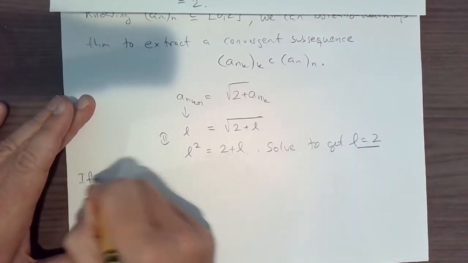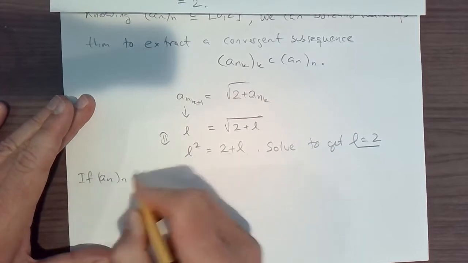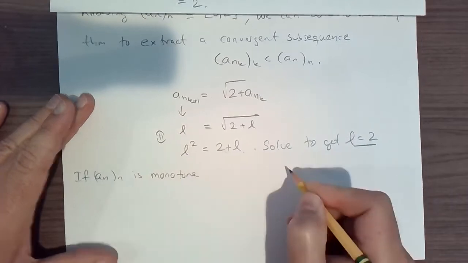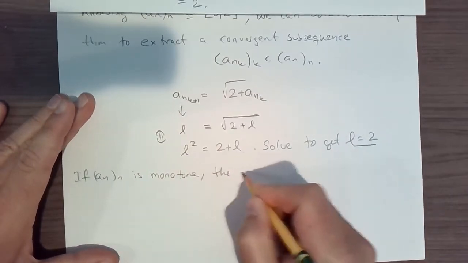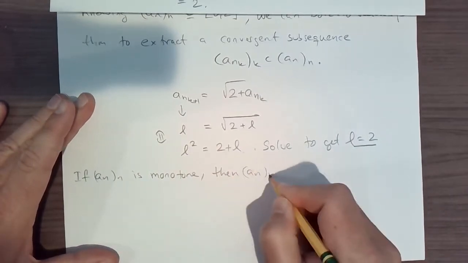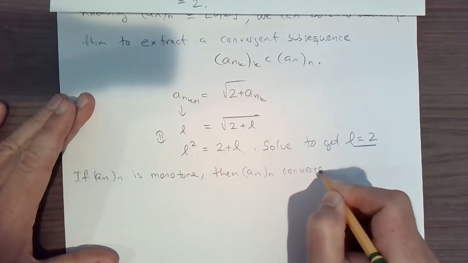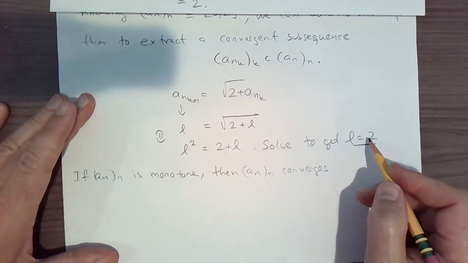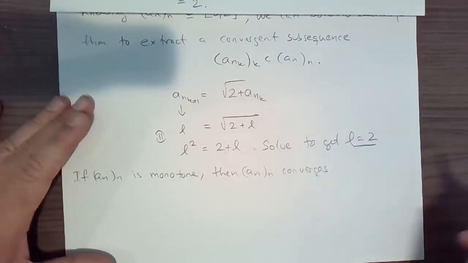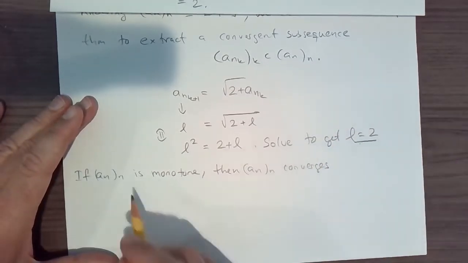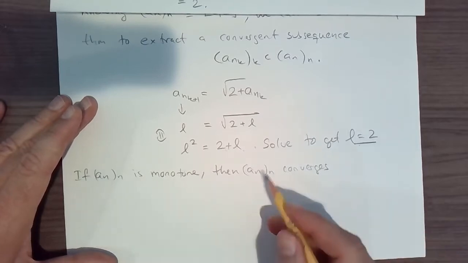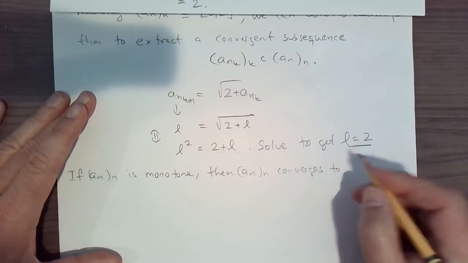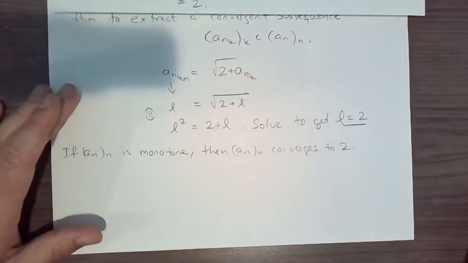So if A_n is monotone, then A_n converges, right? And there's no doubt what it converges to. It has to be 2, because any subsequence that converges must have that limit. So if the original sequence converges, it's going to converge to the same limit, right? So it has to converge to 2.